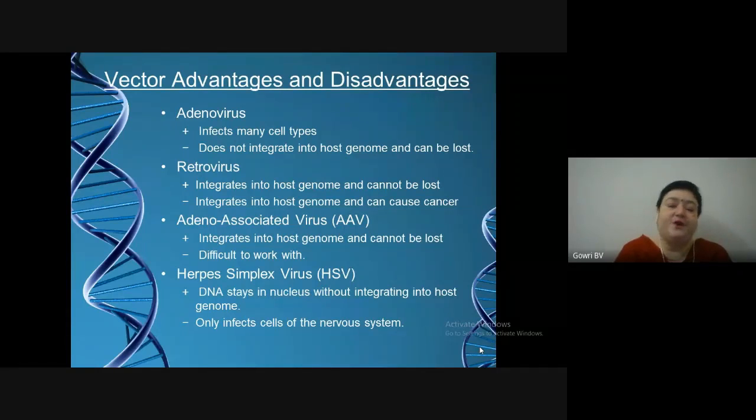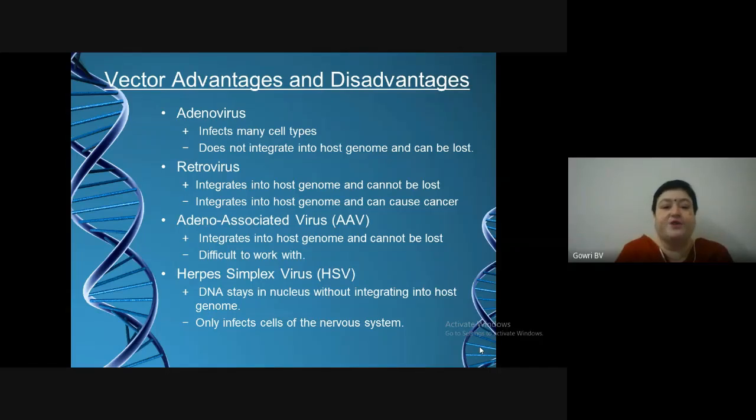Adeno-associated virus, designated as AAV. The advantage is that it integrates into the host genome and cannot be lost, but it is difficult to work with. The DNA is complicated, so it is difficult to work with. I repeat, the advantage of adeno-associated virus is that it integrates into the host genome and cannot be lost. Difficult to work with is its drawback.